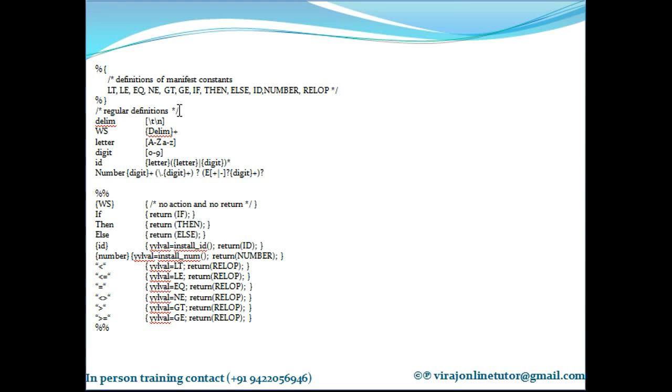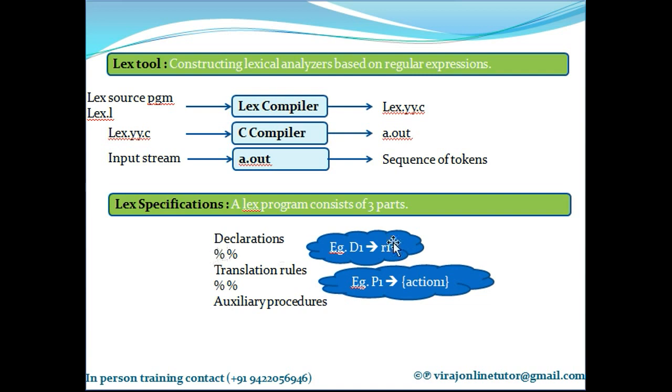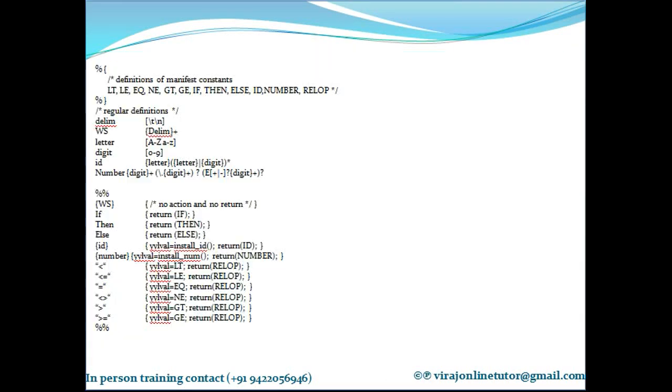So first is the declarations. So let's write the declarations. Declarations, as I have said, are nothing but regular definitions, right? See this. Declarations are regular definitions. So these are some of the manifest constants that I have mentioned here.